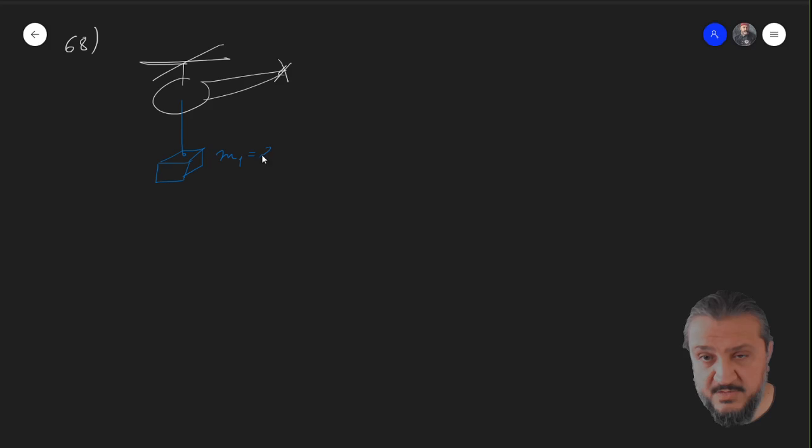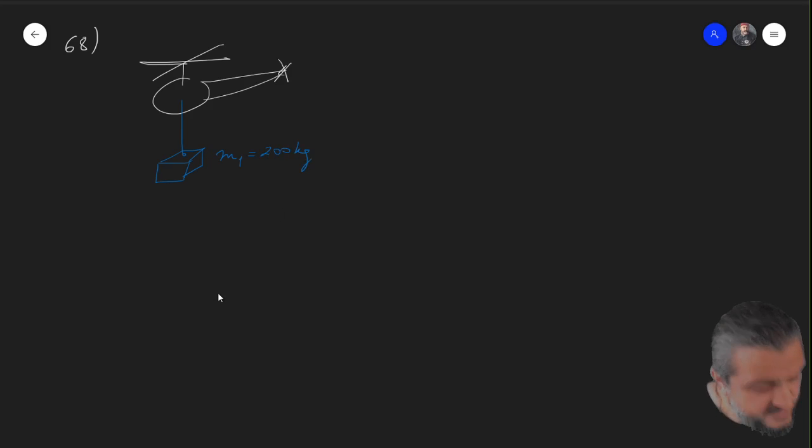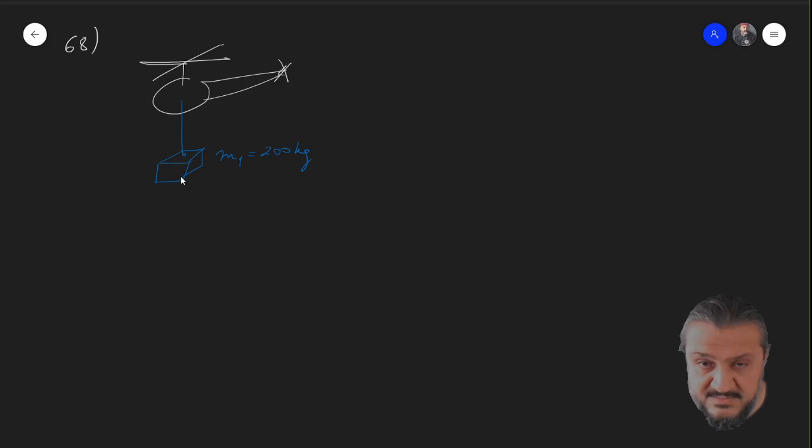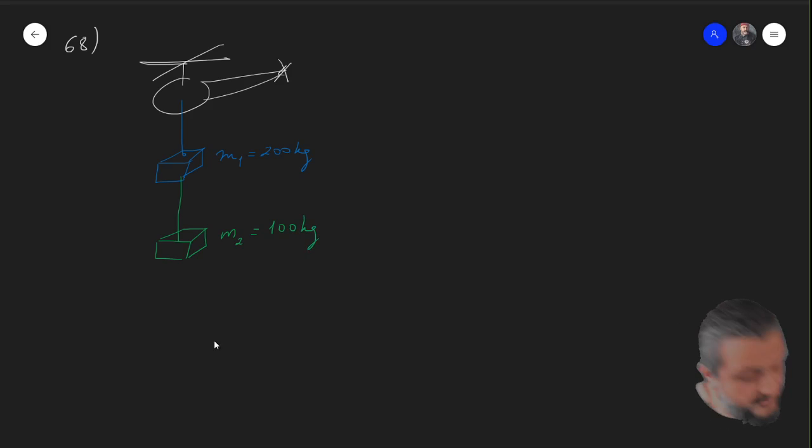M1, let's say 200 kilograms. The second crate with a mass of 100 kilograms is hanging below the first crate and attached to the first crate by a cable. So in a similar fashion here, I have the second crate, which is 100 kilograms.